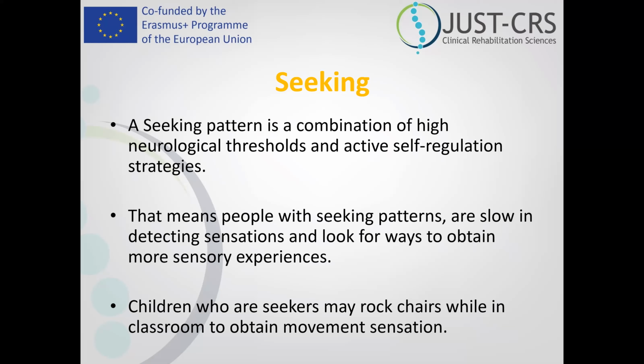So they look for ways to obtain more sensory input, or they look for ways to intensify their sensory experiences. For example, children may hum or produce noises, rock their chairs, touch everything, and want to hug their caregivers, their teachers, and want to be close to their friends.